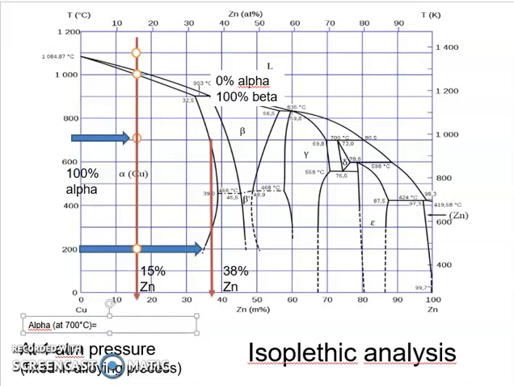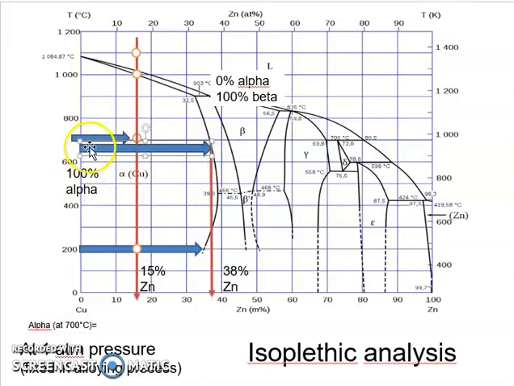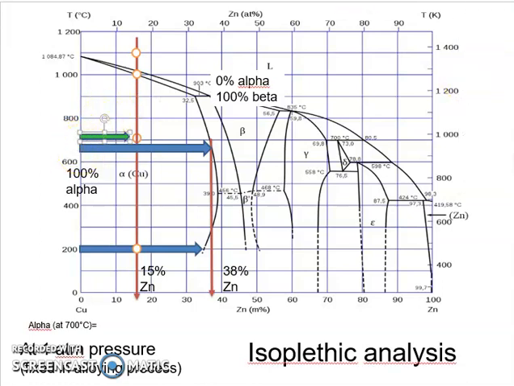It's the ratio of the concentration of material at this point divided by the total concentration. Well, what's the total concentration? Here, if we extend the value, that's the total. So the lever rule says that the mass of beta appearance will be the green arrow divided by the blue arrow.